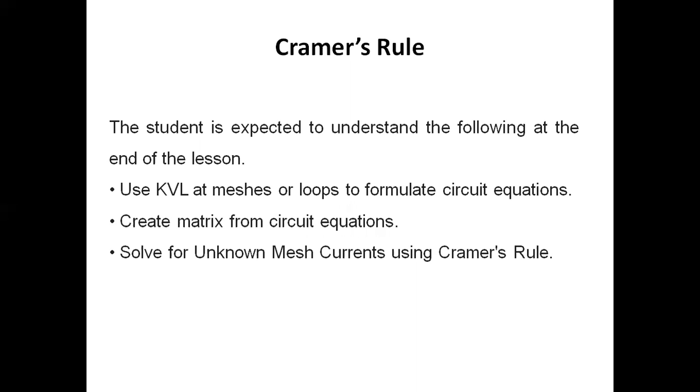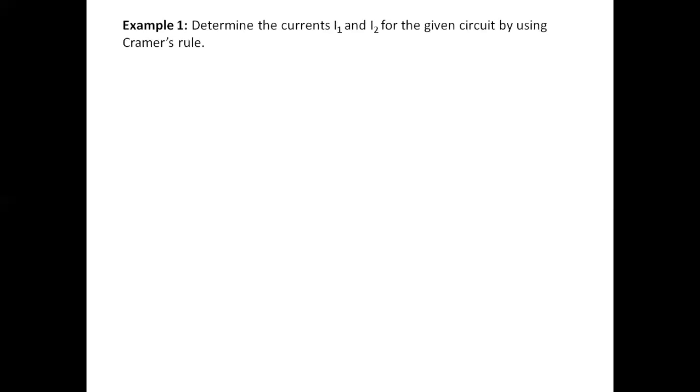Then by using Cramer's rule, we solve for the unknown mesh currents. Now we'll see different examples of how we need to apply Cramer's rule to find the currents for the given circuits.